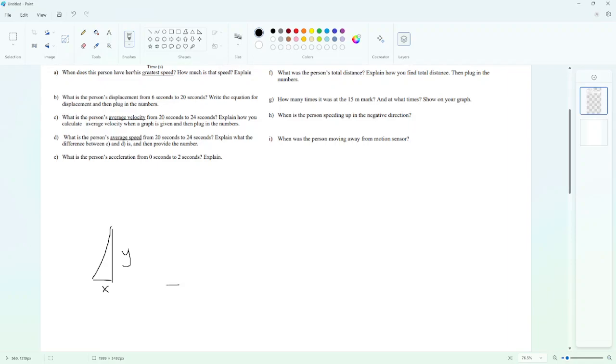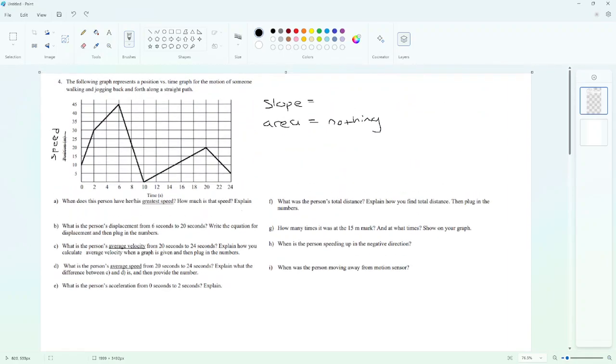So the greater y is, the greater this slope is going to be. So what we're looking for is something that is less flat and more vertical. So let's see here. We could say here looks pretty peaked. It's definitely sharper than this right here. So could we say from 0 to 2?